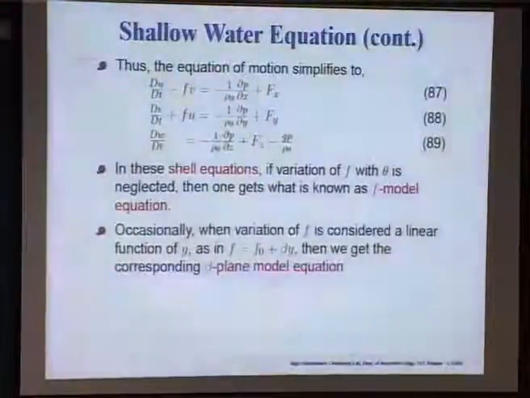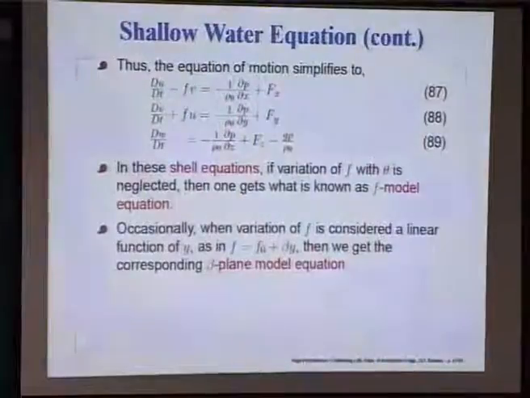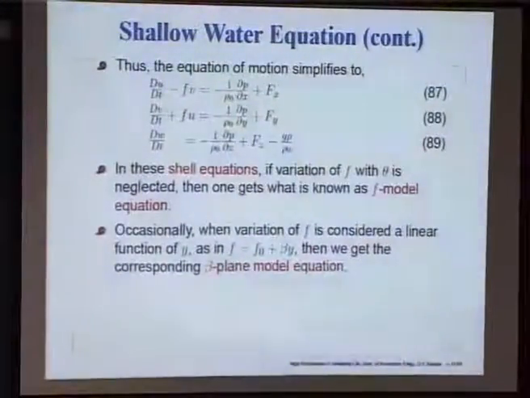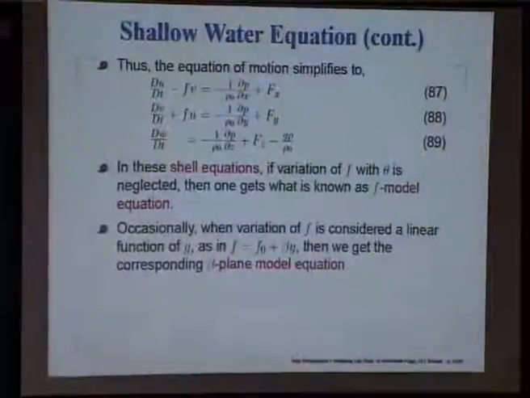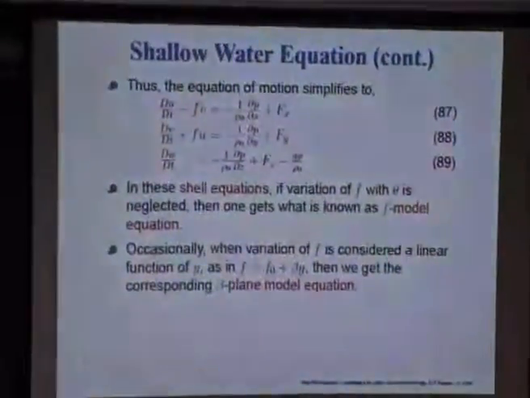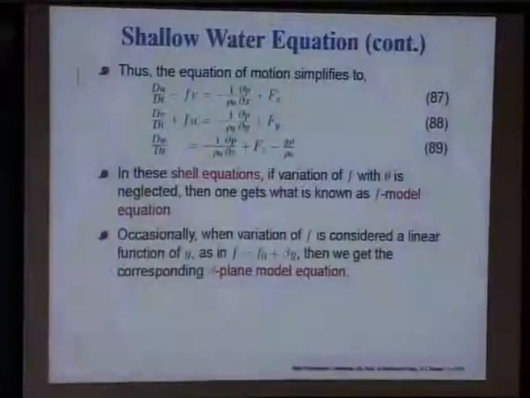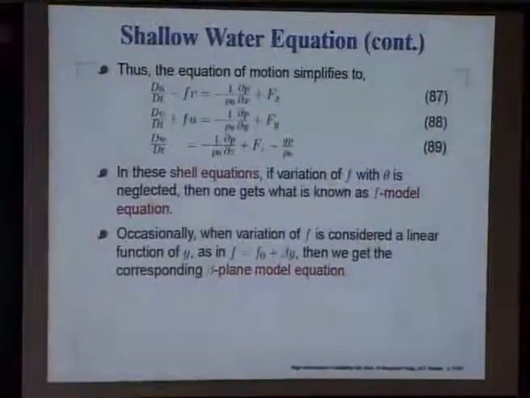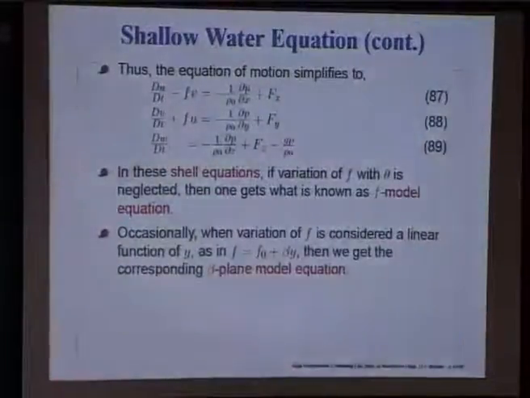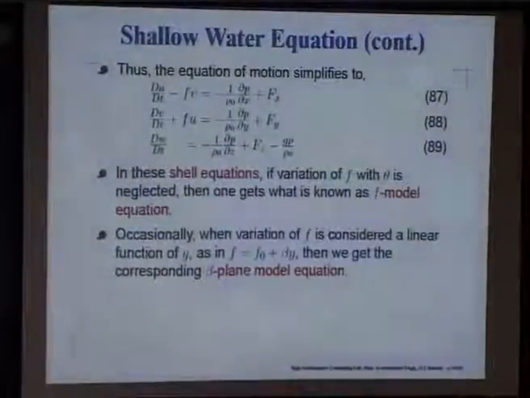In this description again you can think of 2 variations. These are written for shells, and if you decide to investigate in a narrow region, then you can afford the luxury of assuming f as constant, and if you do, the corresponding equations are called the f model equations.